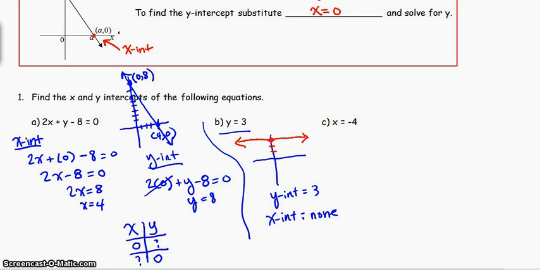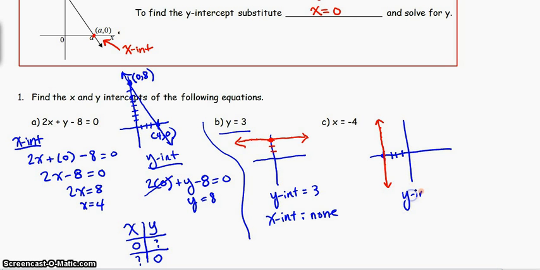X equals -4. What kind of constant function is that? This time we don't have the y value. So I take a look and try to figure out all the places where x is -4. And I visualize that. So that's going to be a vertical line because all of these points contain the constant x coordinate -4. So again, I visualize.